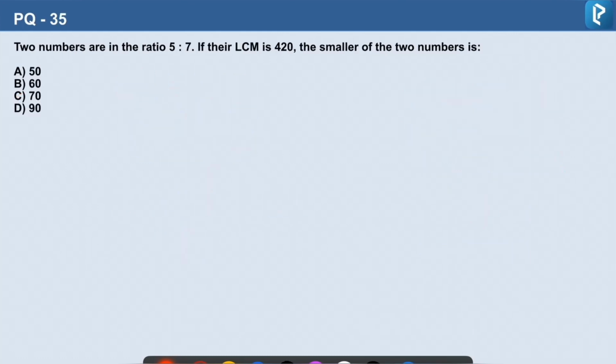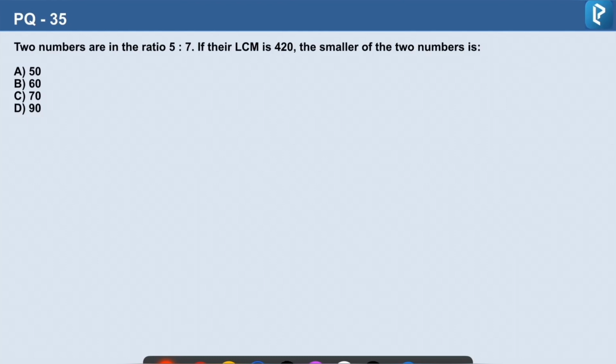Question number 35. Two numbers are in the ratio of 5:7. Their LCM is 420. The smaller of the two numbers is what? So the numbers are in the ratio of 5:7, so that means the non-common factors are 5 and 7.